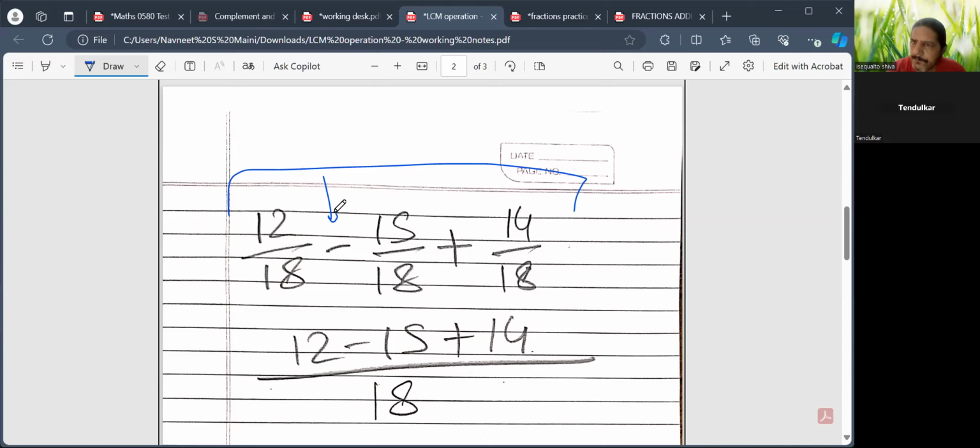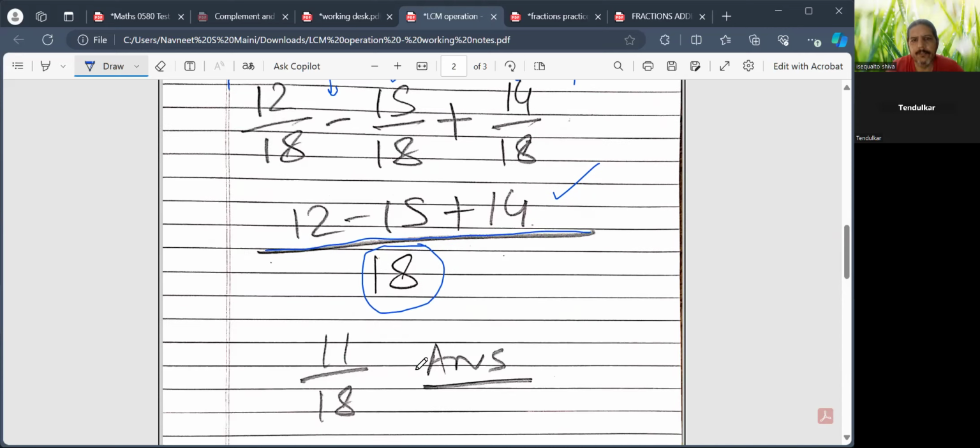Then I put a single long line, and the numerators would be there in this numerator. Because these are equivalent fractions, the denominator of these three terms is 18. After this, I just have to do the integer addition and subtraction. So the final answer would be 11. Any doubt?